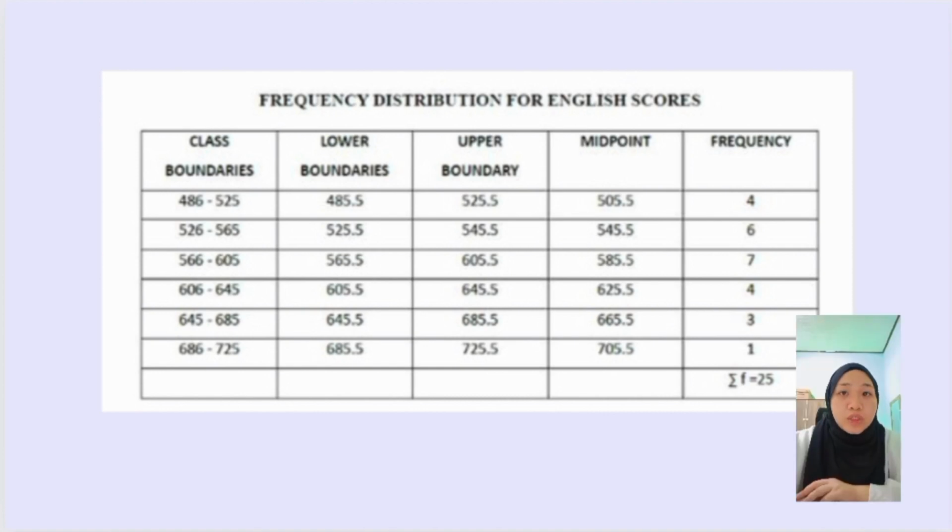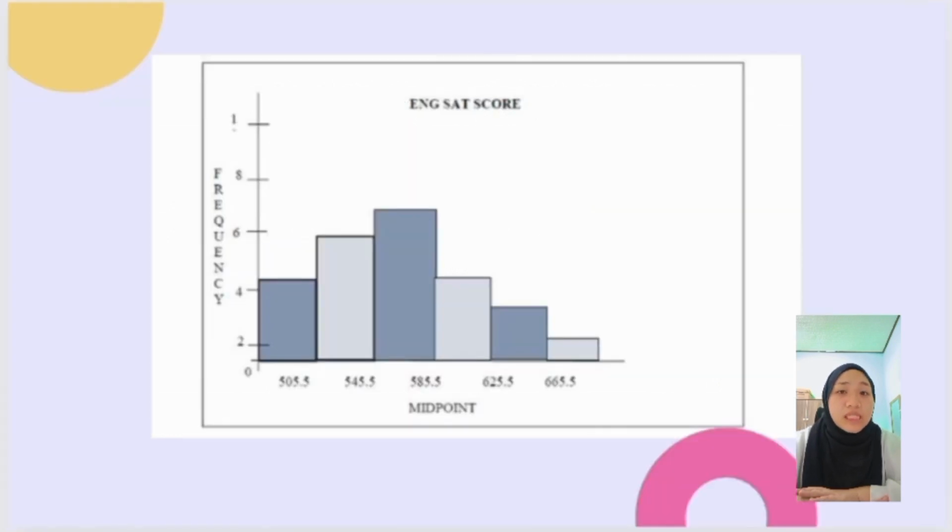So this is the histogram for math SAT score using the midpoint and the y axis is frequency. The first class midpoint is 565, the frequency is 8. The second class, the midpoint is 592, the frequency is 5. The third class, the midpoint is 619 and the frequency is 5.